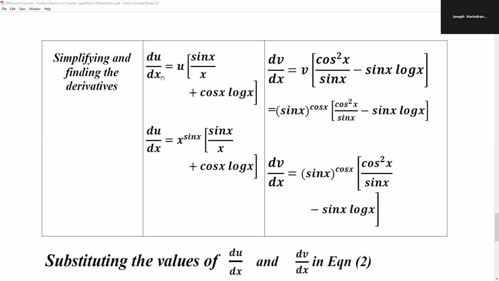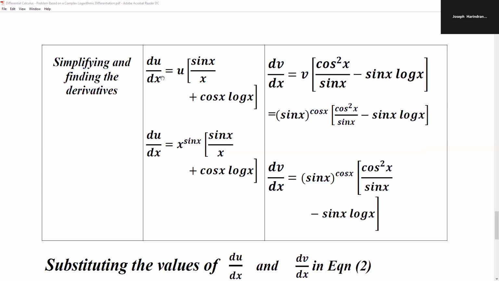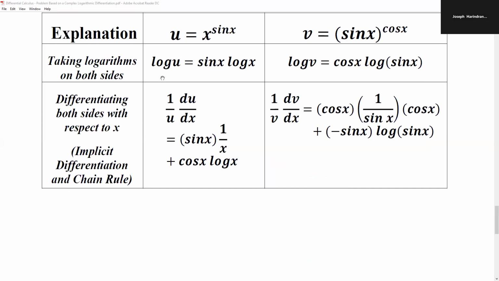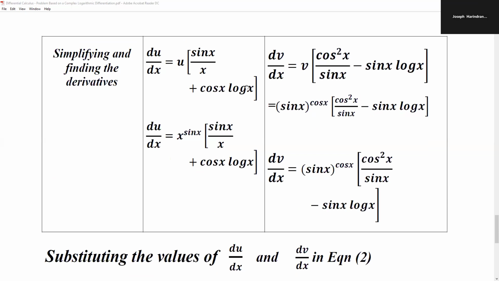So du by dx is equal to u, which we multiply on the right-hand side, into sin x by x plus cos x log x. So du by dx is equal to x power sin x, substituted for u, and then the remaining terms inside the bracket.